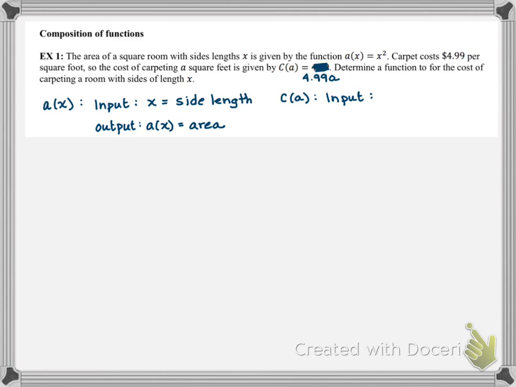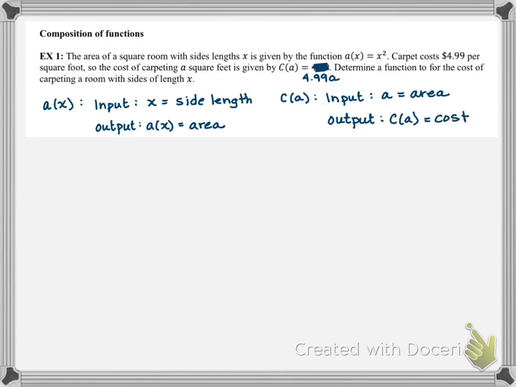If I'm calculating the cost of carpeting a square feet, it's A, which represents what? Square feet or area, right? So area is measured in square feet. So A is area. And what's the output? Mm-hmm. So C of A is the cost.